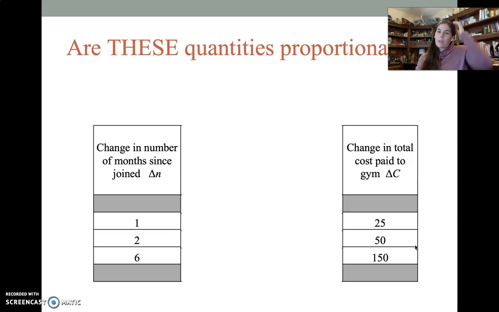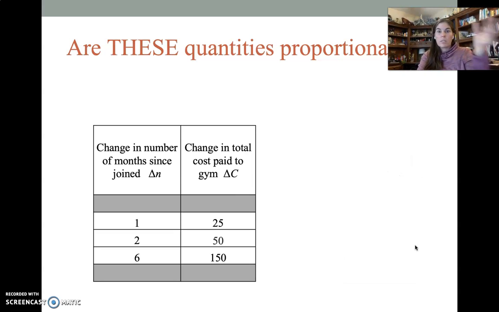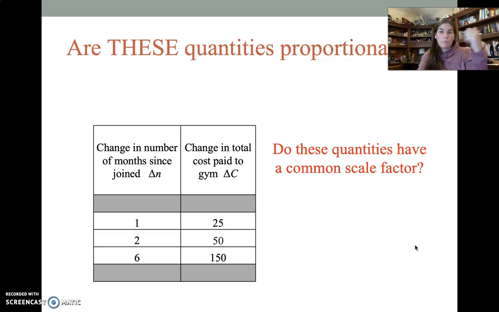And so we could ask the question, are these quantities proportional to one another? So let's take a look, right? If they're proportional, we should be able to show that using either scaling, constant multiple, or constant ratio. So let's start off with the constant scale factor. If I double the change in time, will it double my change in cost? Yeah, it did there. So I still have to show it for 6.